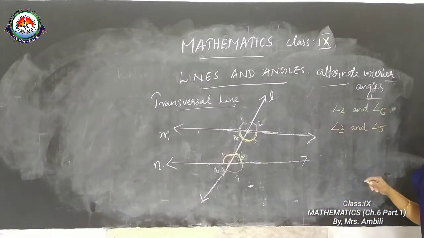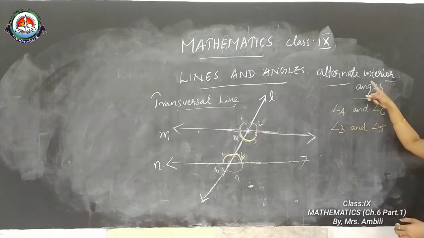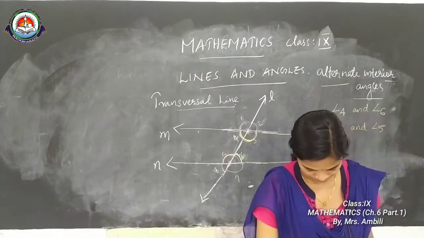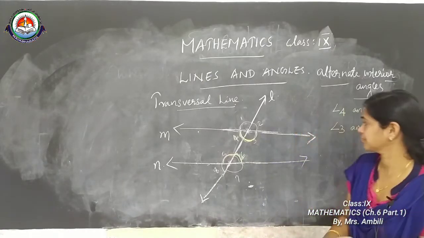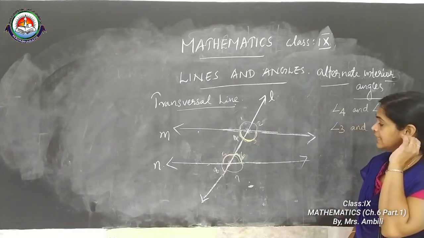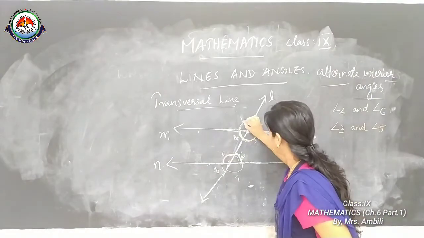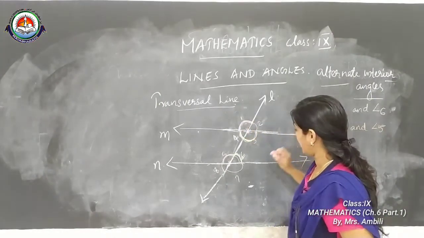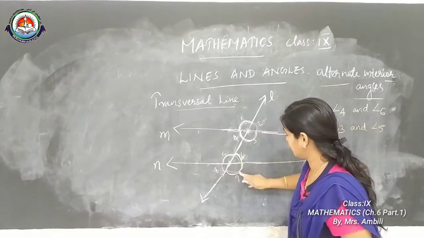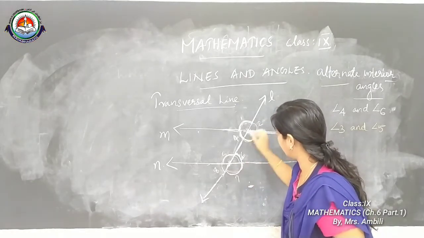Then what is next one? Alternate exterior angles. So we can say, what are the alternate exterior angles? Angle 1 and angle 7.